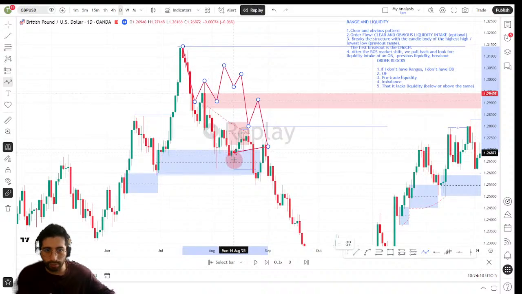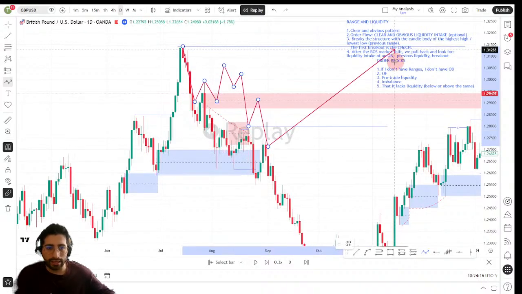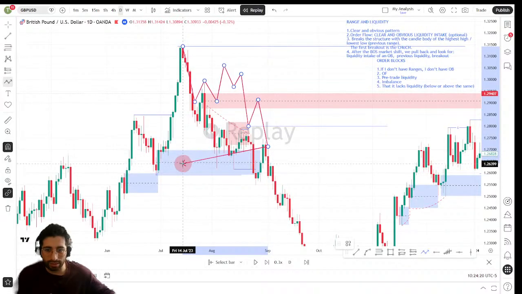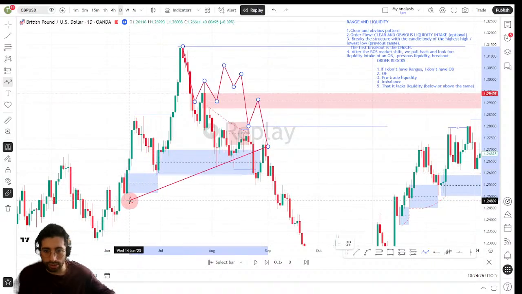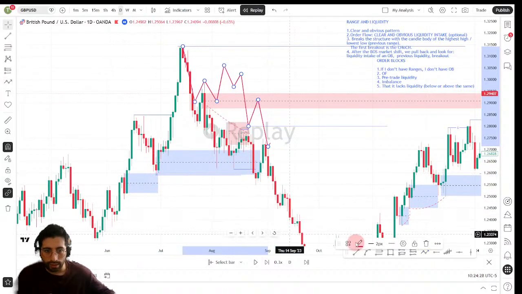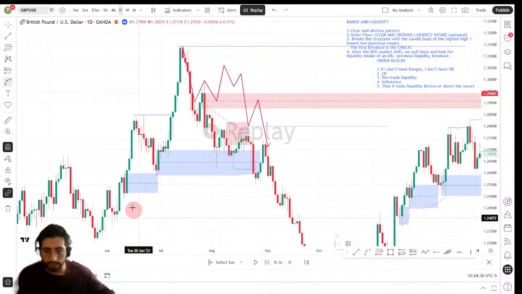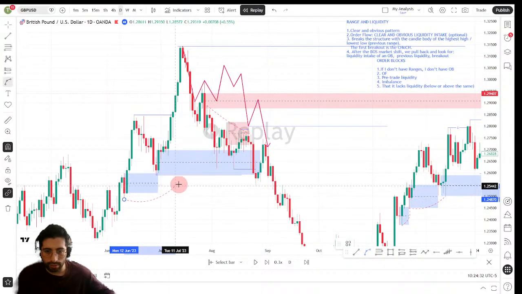It gets to this point, boom, goes down directly. So since it was that fast, it didn't create pre-trade liquidity, which makes this order block not that good. Also, it lacks imbalance, and since it was very close to this low, it causes liquidity here, right?